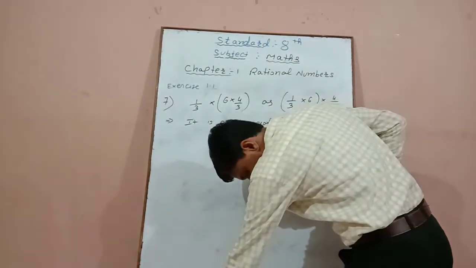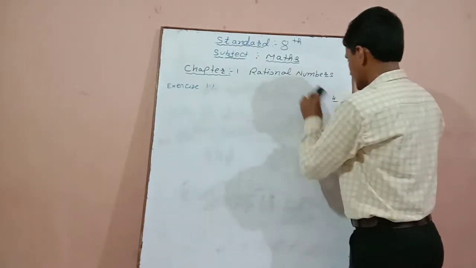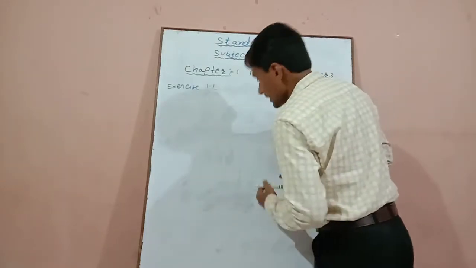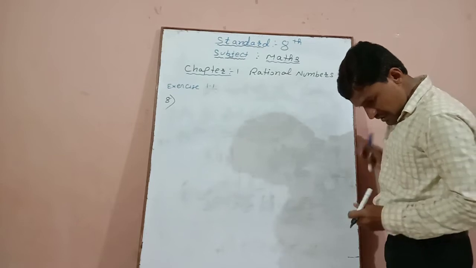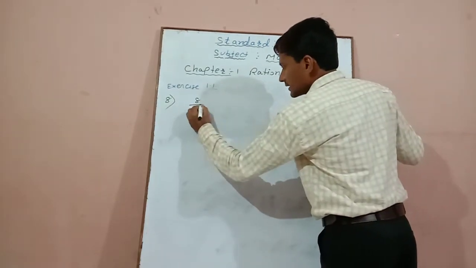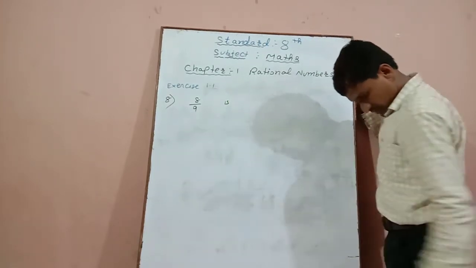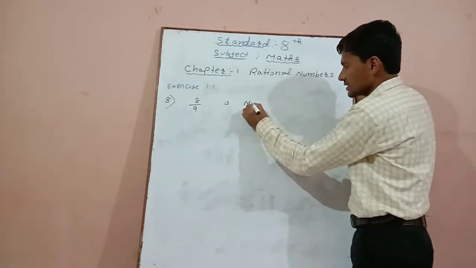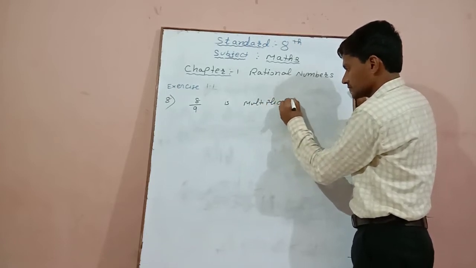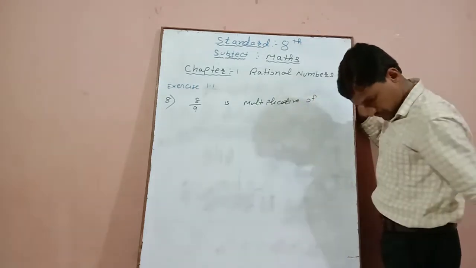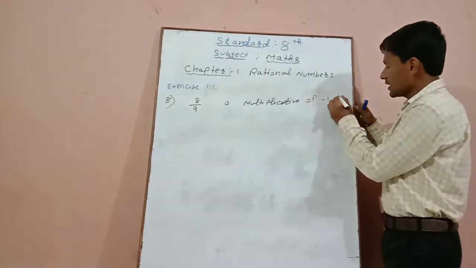Now question number 8. Question number 8 is: is 8 divided by 9 the multiplicative inverse of minus 1 1 divided by 8?